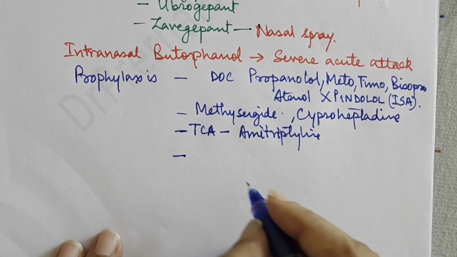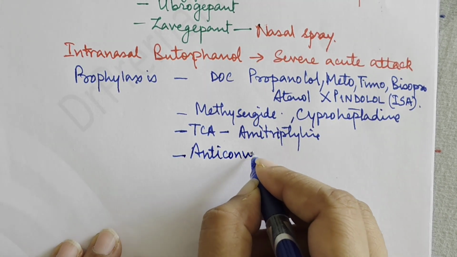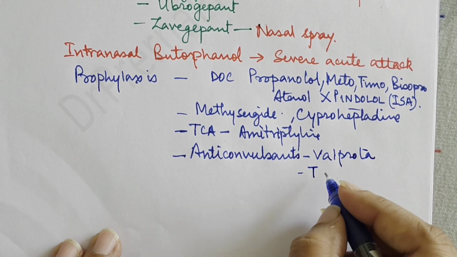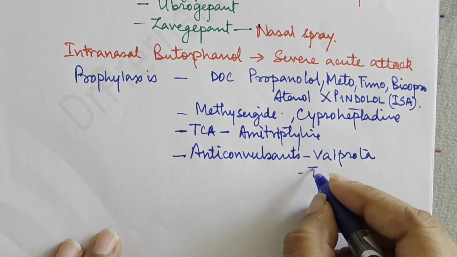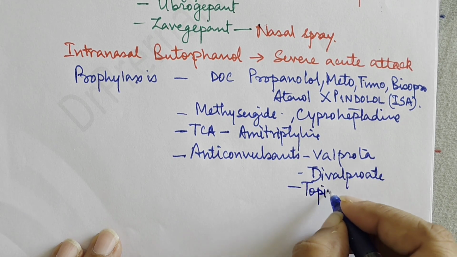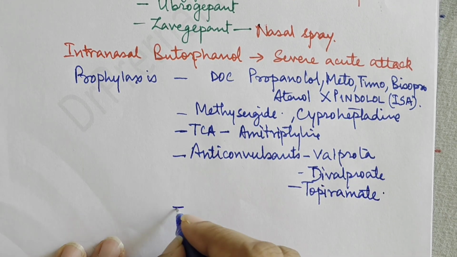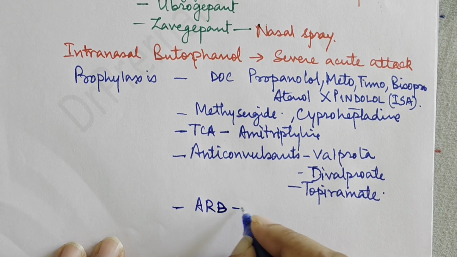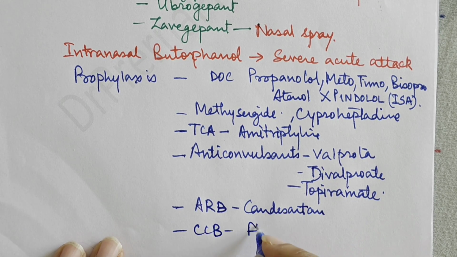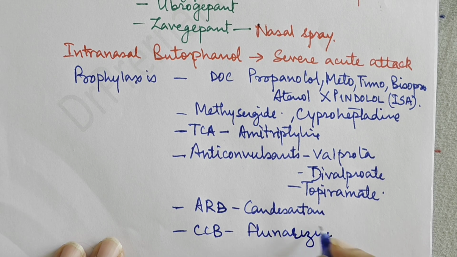right? Then we can give anticonvulsants like valproate and divalproate and topiramate. Okay. Then there's an ARB that can be used, which is candesartan. Then CCBs, which is flunarizine.